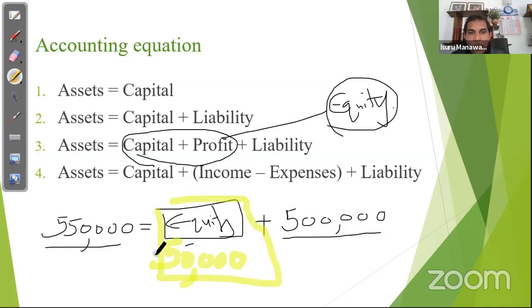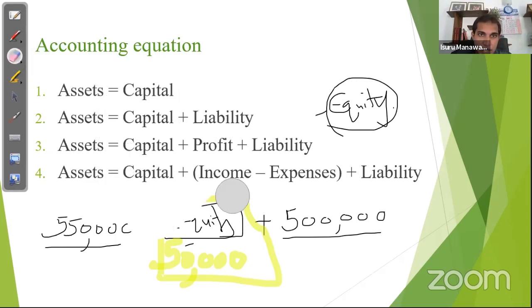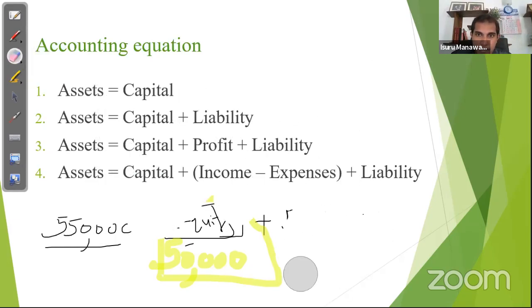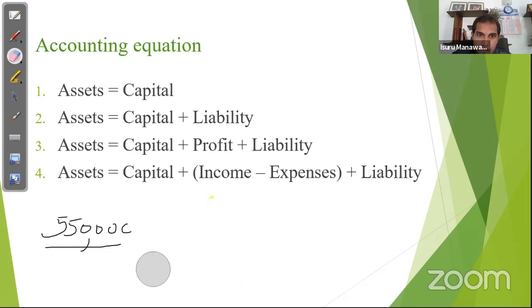Then the two sides of the equation are equal: 550 on this side, 550 on that side. So it is the balancing figure. Please keep that point in your mind.